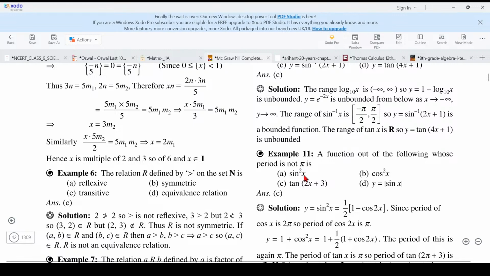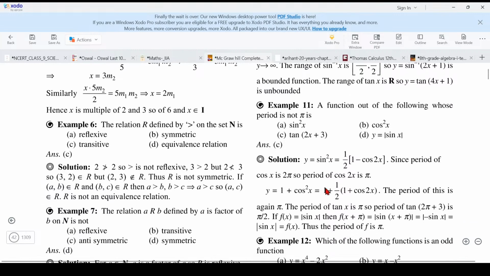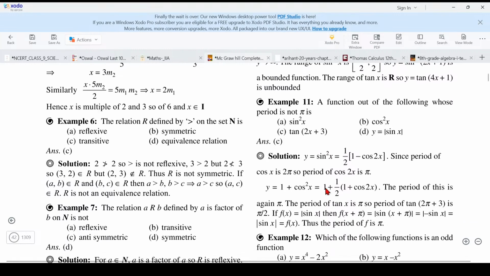For example, sine square x, or sine square x plus pi, or cos square x plus pi. All of this will be satisfied except this one. If you replace x plus pi here, it will not be equal to tan of 2x plus 3. So, sir, is tan of 2x plus 3 not periodic, or is it periodic but the period is not pi?